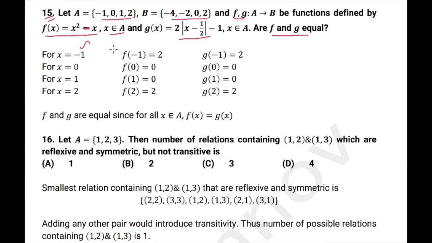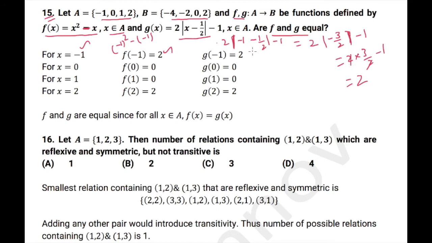For x equal to minus 1, we get f(-1) = (-1) squared minus (-1), which is equal to 2. Similarly, for g(-1) = 2 times mod of (-1 minus 1 by 2) minus 1, which equals 2 times mod of (-3 by 2) minus 1, which is equal to 2 into 3 by 2 minus 1, which is 3 minus 1 equal to 2.